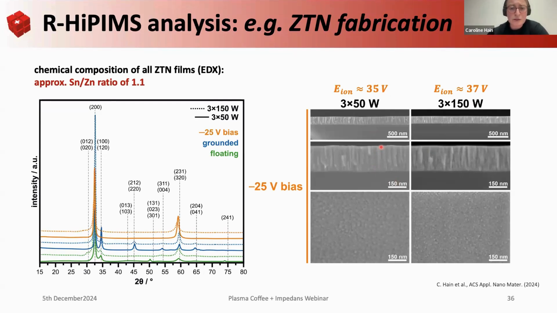What we can also see is that between these two samples, there is a difference of 2 volts from applying two different microwave plasma powers, and we're able to produce smaller grains for the 37 volts, which is also reflected in our XRD pattern by the slight broadening of our peaks. So by using the information from ETOF-MS about the energy of our ions, we're able to tune the structure and the morphology of our material while having the same chemical composition.